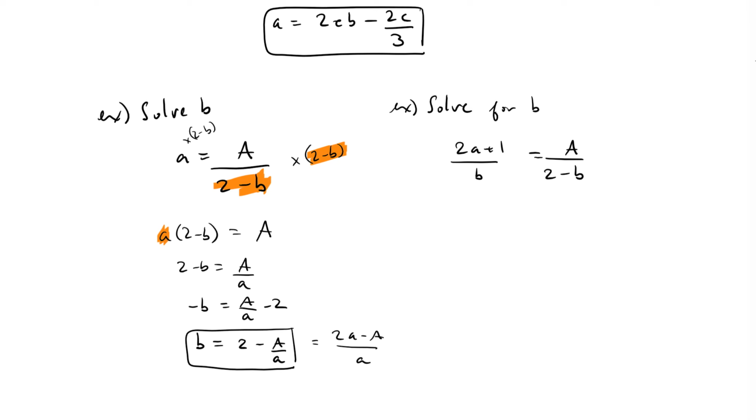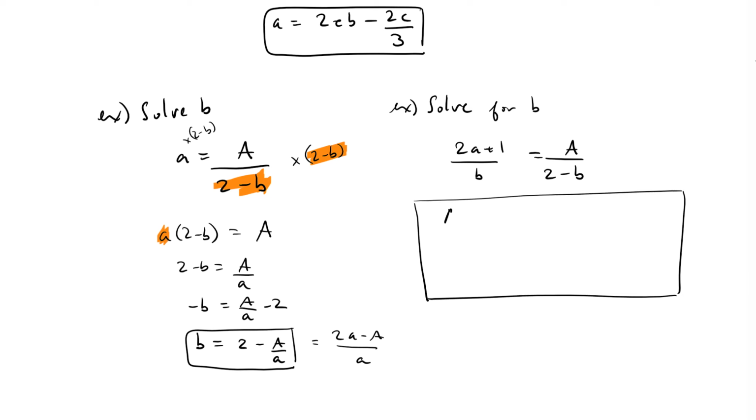Maybe I'll show an identity here that's going to be pretty useful. Let's say we've got a over b is equal to c over d. Notice that I can get rid of, let's say I don't want to have fractions. I can get rid of the b by multiplying by b on both sides. And I can get rid of the d by multiplying by d on both sides.